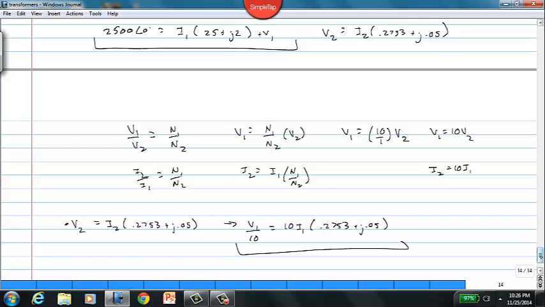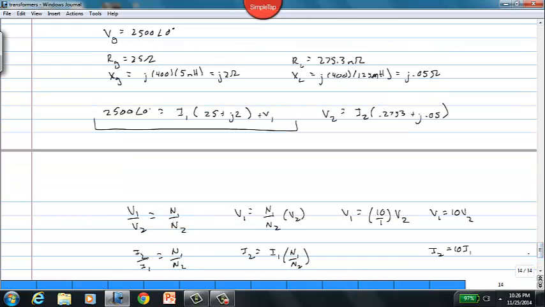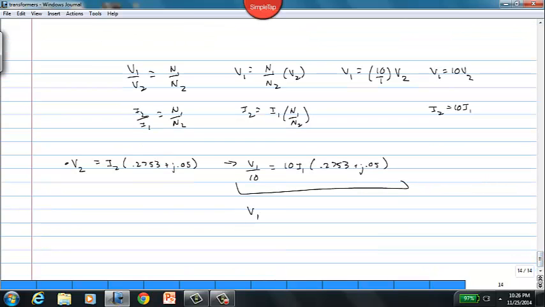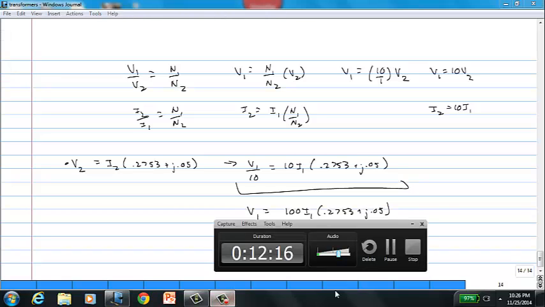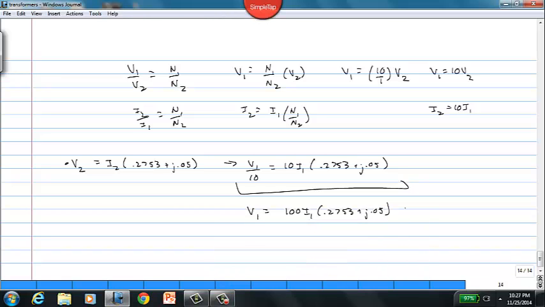So we can just solve for one of the variables and substitute. I'm going to solve this one for V1. That's V1 is equal to 100 I1 times 0.2753 plus J0.05.